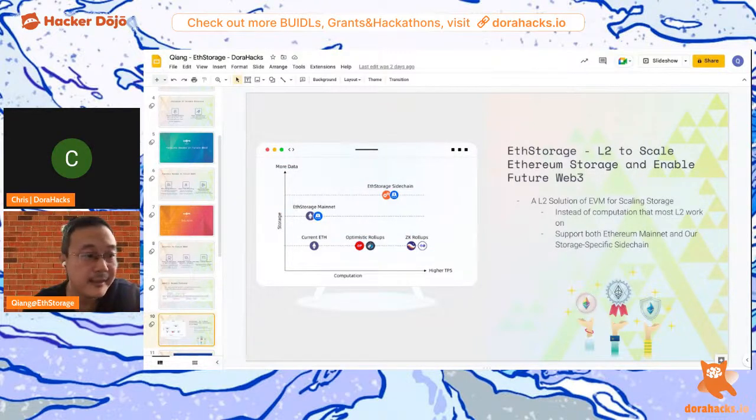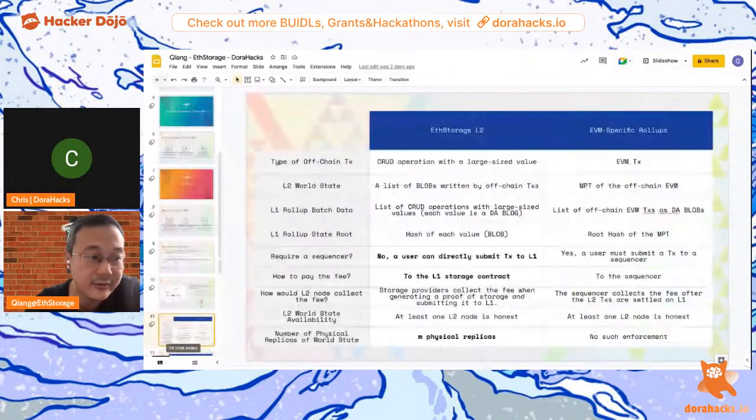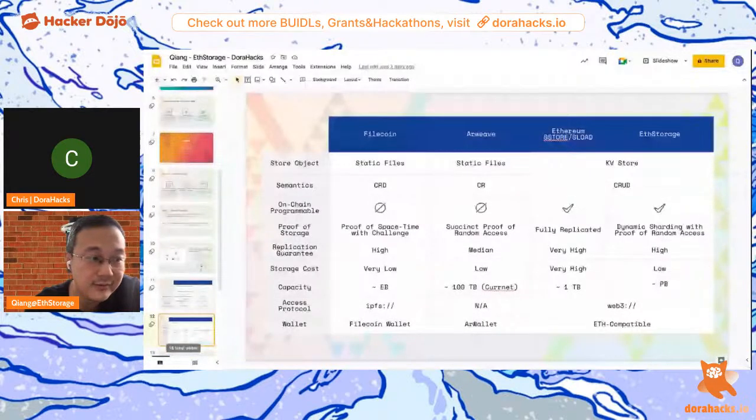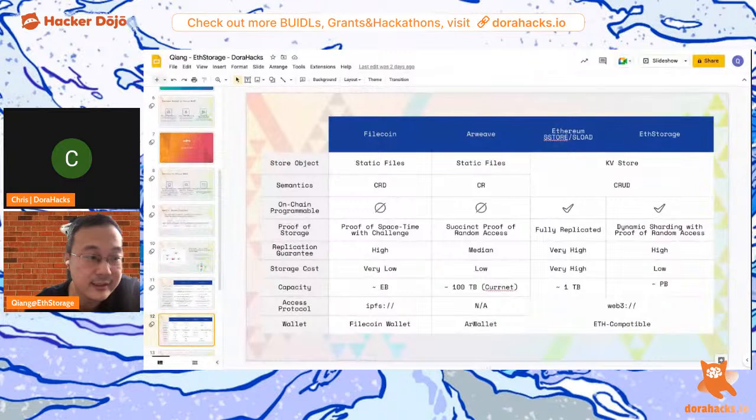And EthStorage is a layer 2 solution that aims to scale Ethereum storage rather than the computation. So this is a comparison of EthStorage, which is storage L2, versus other computation L2s. This is another comparison of what EthStorage can do versus Filecoin, Arweave, and the default storage of Ethereum.